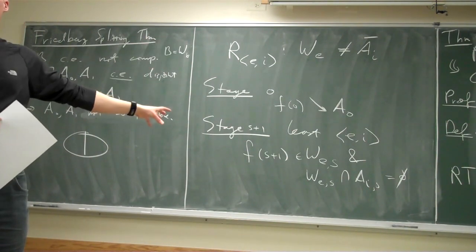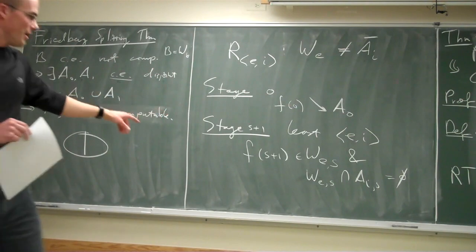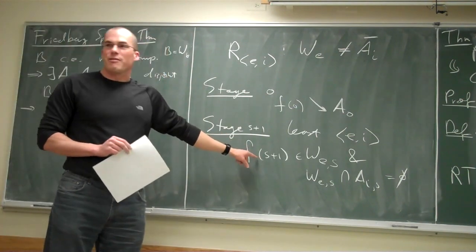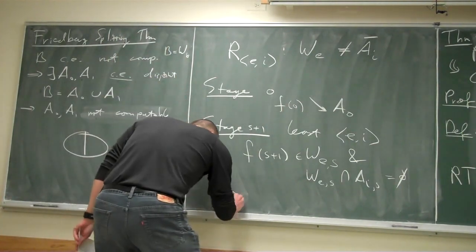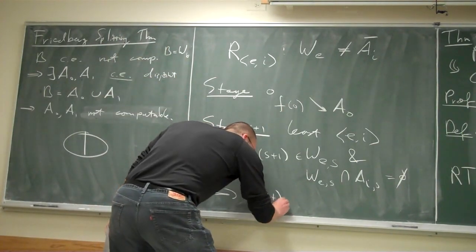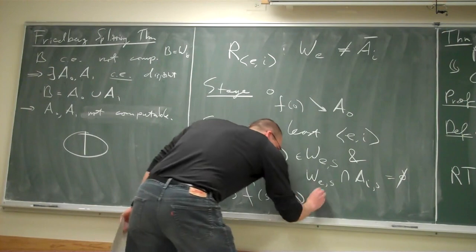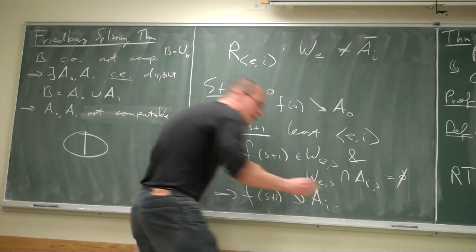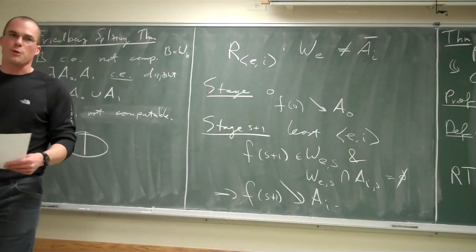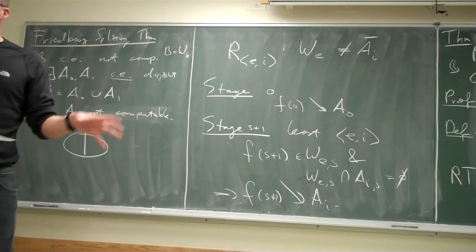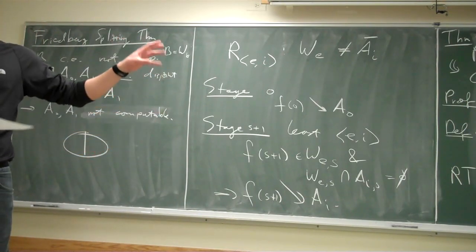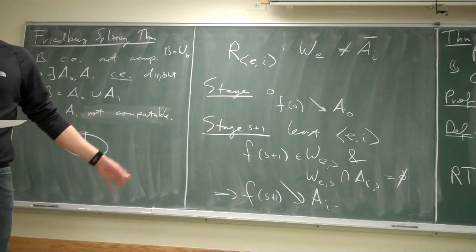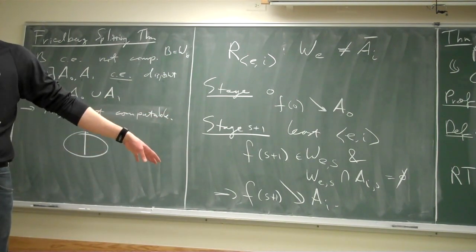If that's what it looks like, then we want to put Fs plus 1 into AI. So we look at the least requirement where it currently looks like it's not satisfied, and we act on it.